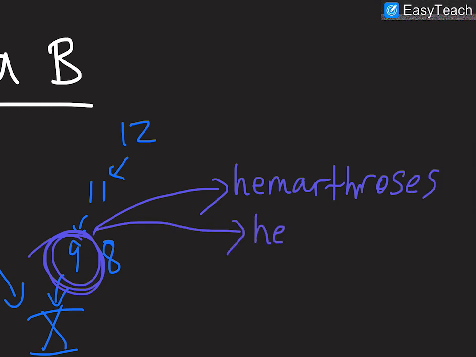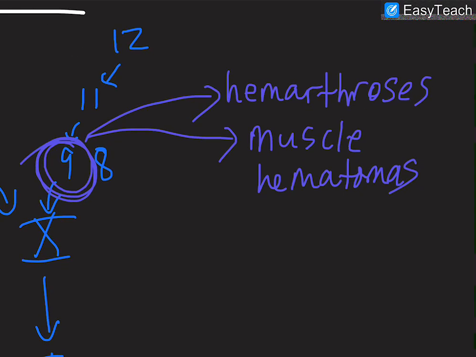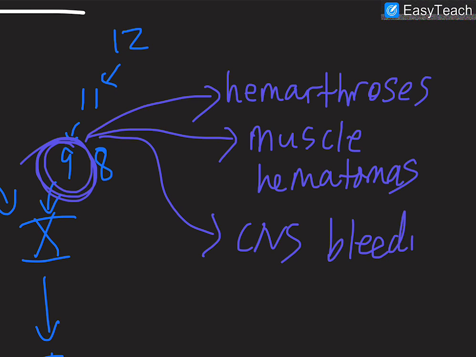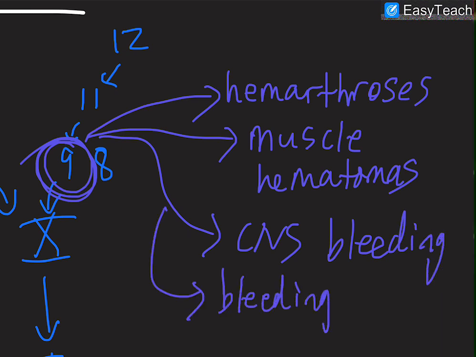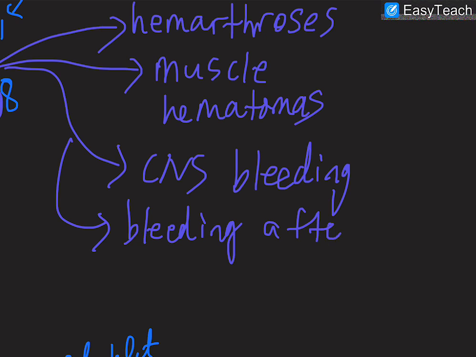Muscle hematomas, so bleeding into muscles. We said we also see things like CNS bleeding, so bleeding into the brain after minor trauma. And speaking of trauma, bleeding after minor trauma or surgery.